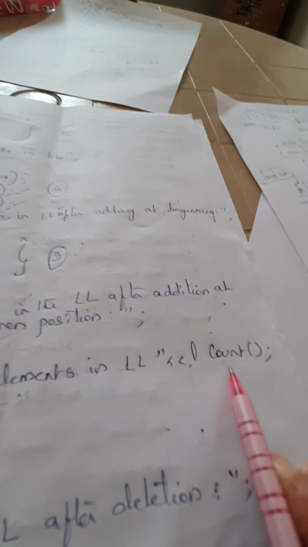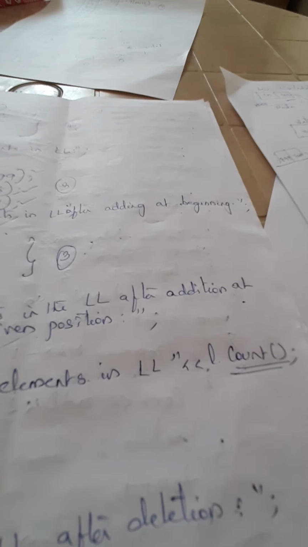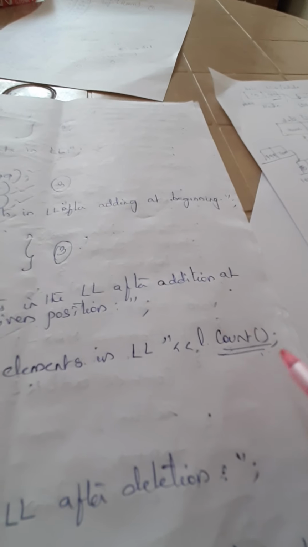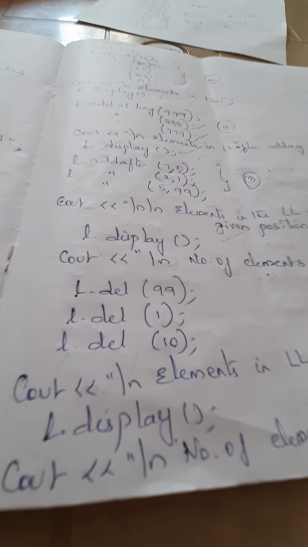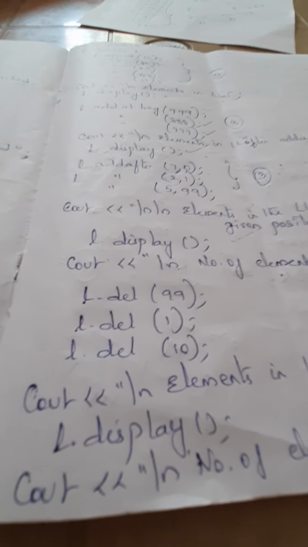So here when you get L dot count, you will get the total number of elements that are present in this particular list. Okay, so it will print number of elements in the linked list are so many values. Whatever number of values you get, that value will be displayed there.